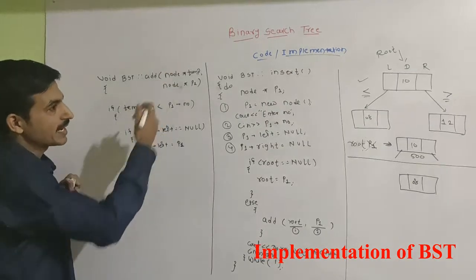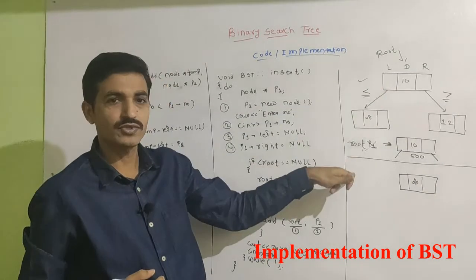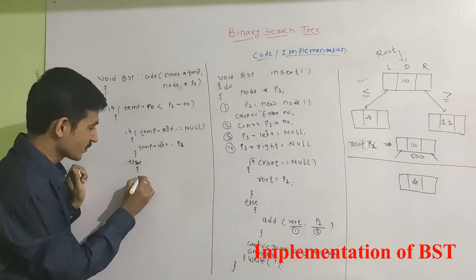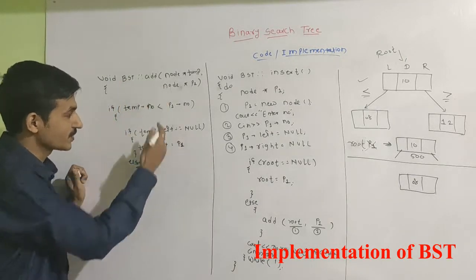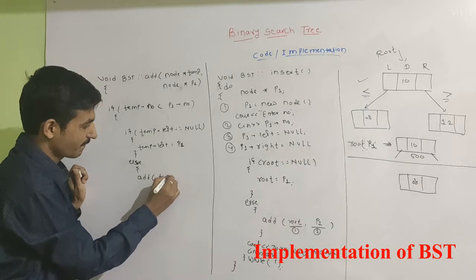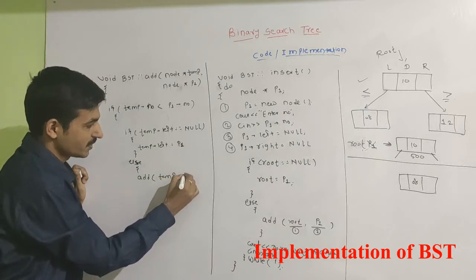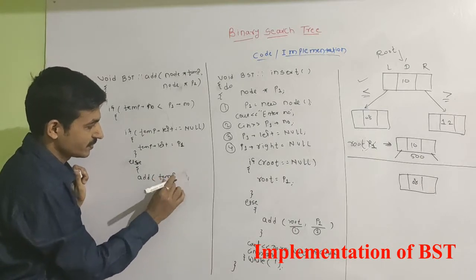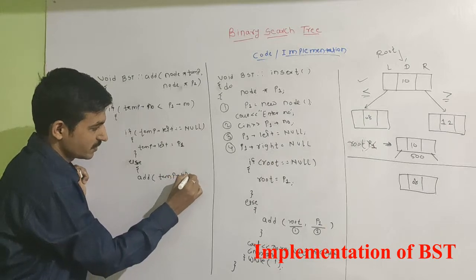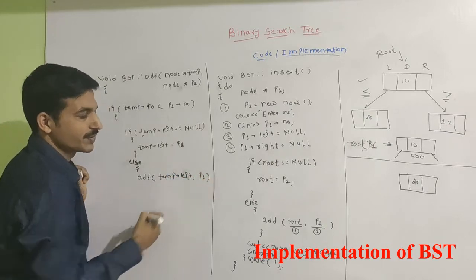That will call the function add again to reach the depth of the left side. So we will call the function add in a recursive call, having the first parameter temp of left. We have to traverse temp of left comma P1.